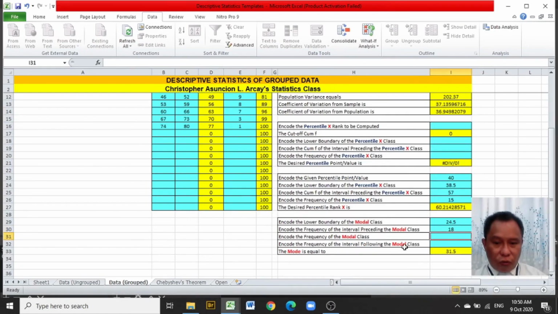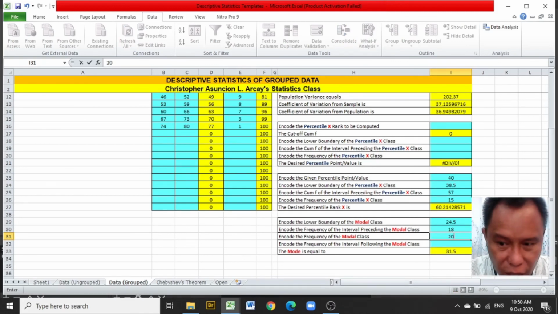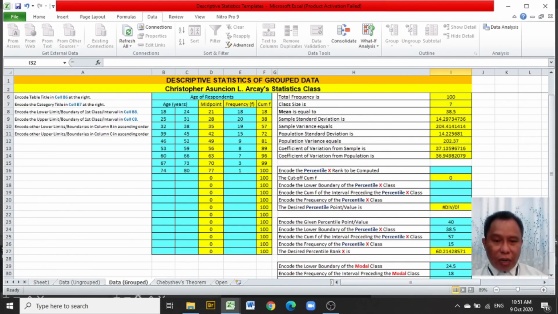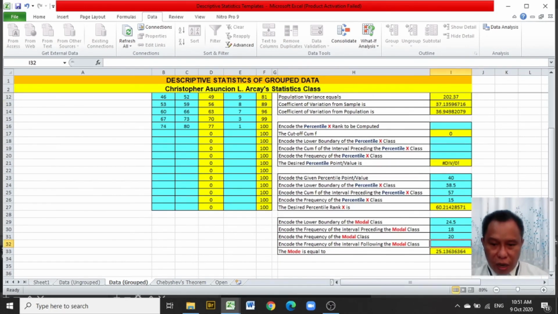Next, encode the frequency of the modal class, which is 20, and the frequency of the interval following the modal class. The interval that follows is 32 to 38, and its frequency is 19, so encode 19.